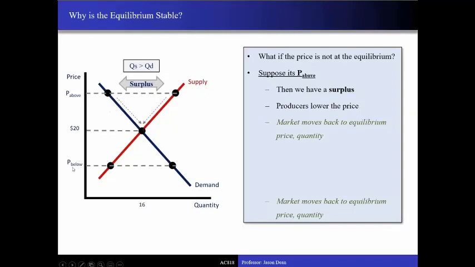Now, if the price is below this equilibrium price, what do you get? Well, here, if the price is very low, the quantity demanded is going to be very high, but at a low price, not as many firms would want to offer it for sale. Some might not even find it. If you're thinking of people who are doing an internet business, if the price is too low, they might not find it worth their while.